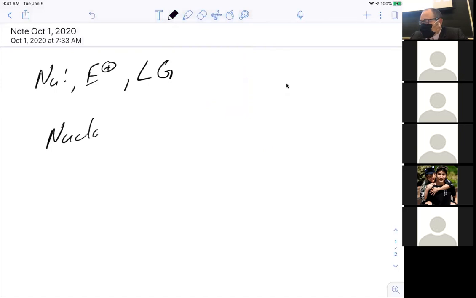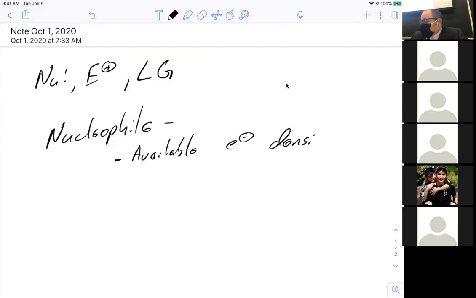Nucleophiles are nucleus loving. That's what the nucleophile means. They're going to be things with available electron density. So if you think about it, a nucleophile is nucleus loving.